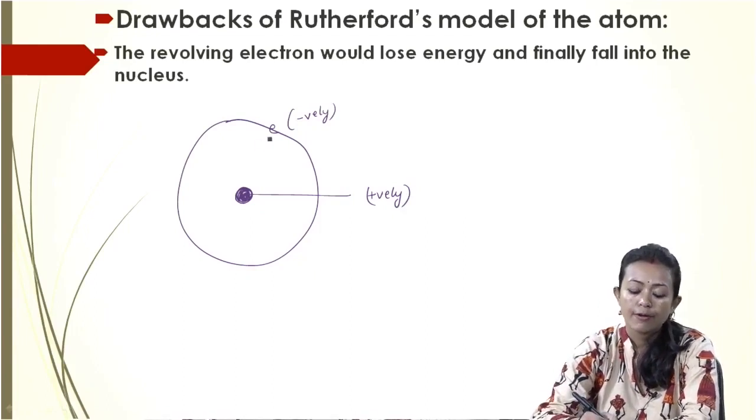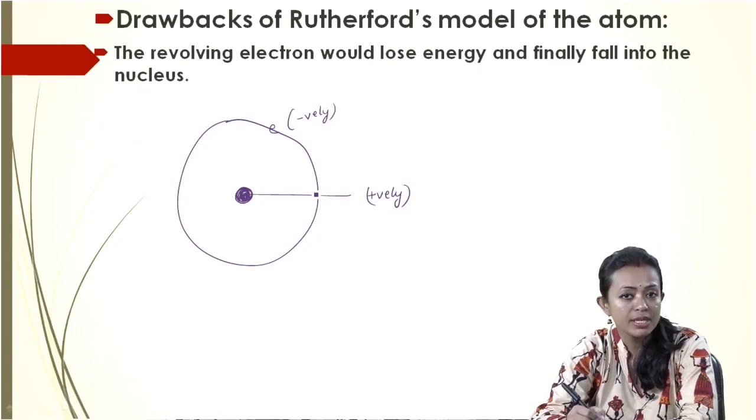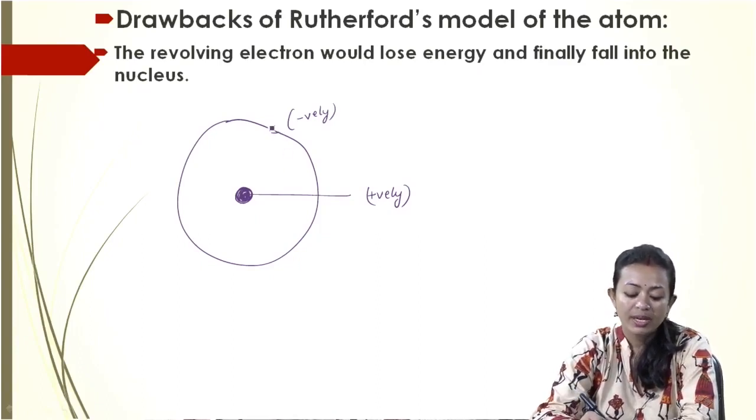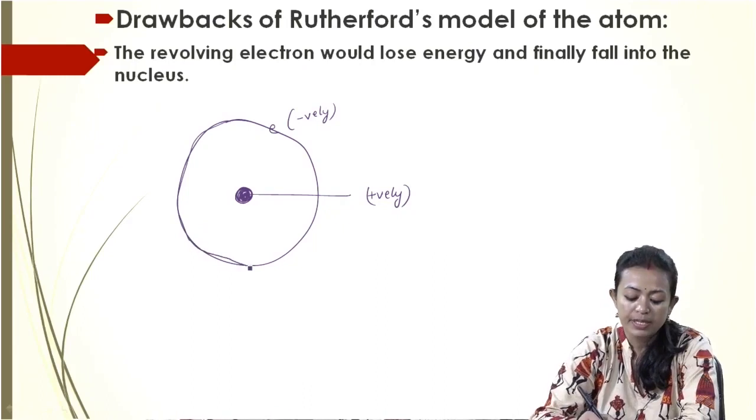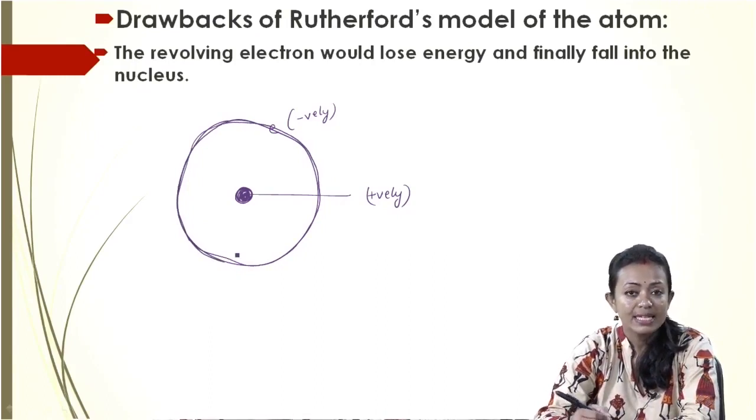Now, for any charged particle to be in its well-defined orbit, it gets influenced either centripetally or radially by a force. So, when a charged particle is revolving around another charged particle, in order to remain in its orbit, it gets influenced by radial force or by centripetal force.